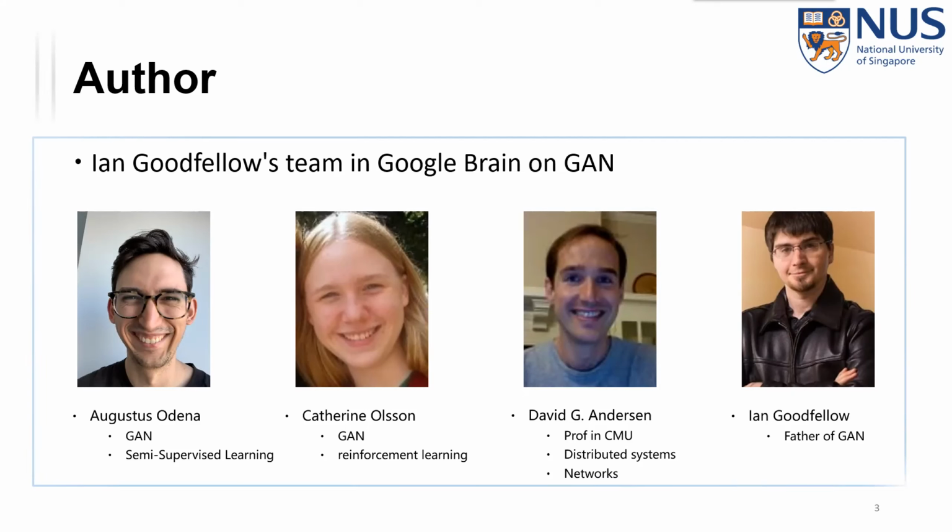The third author is also a professor at CMU, but he is also part of Google Brain, and he works on distributed systems and networks. And the final author, Ian Goodfellow, is known as the father of GAN. So those are the authors of this paper, and it's basically Ian's team's work.